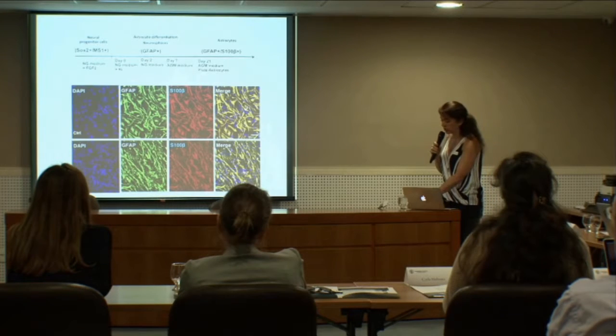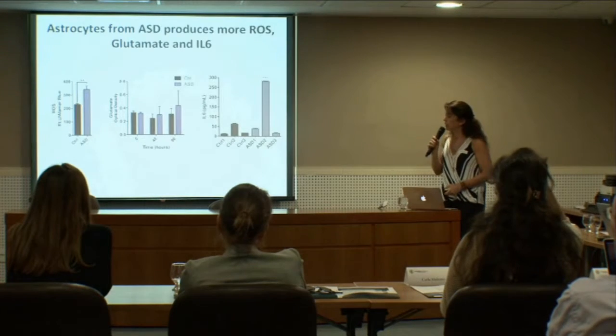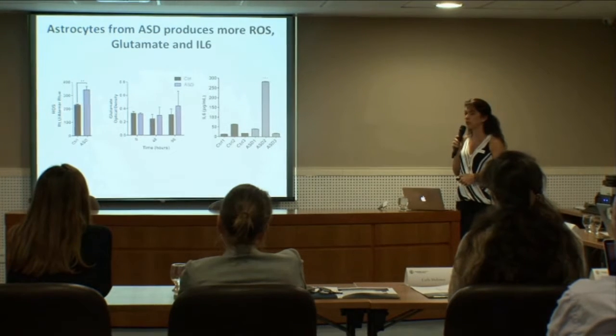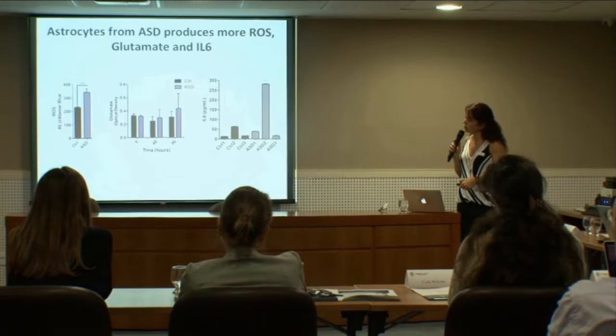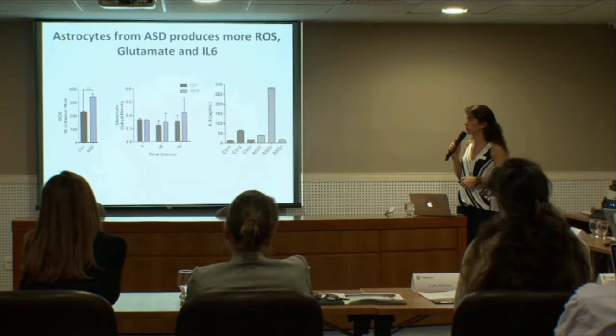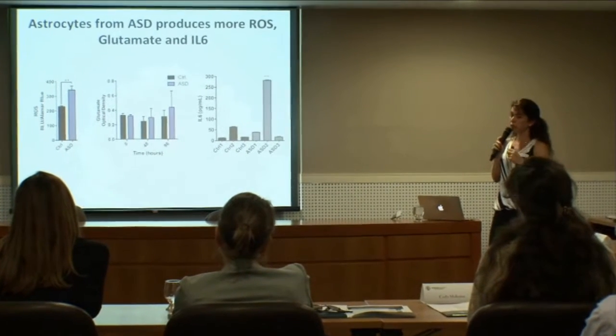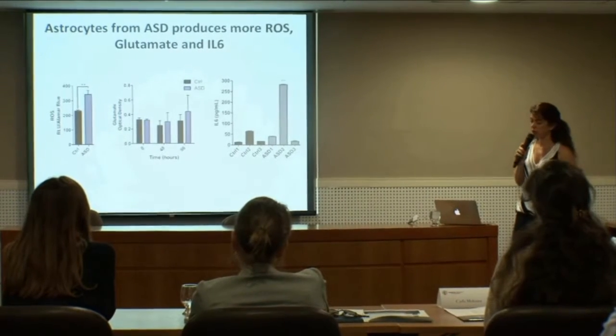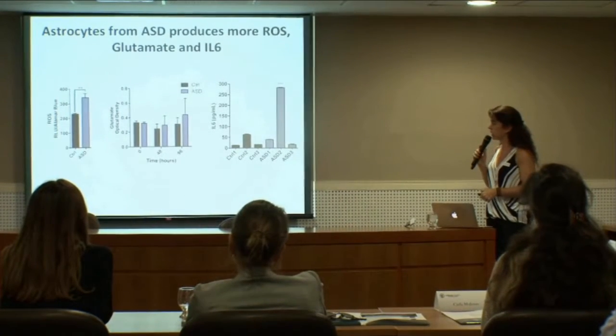This is just the characterization of the cells. And we noticed that the astrocytes from autistic patients produce more ROS and more glutamate compared with the controls. And also we measured some cytokines, and one in particular that I'd like to call attention to is IL-6.